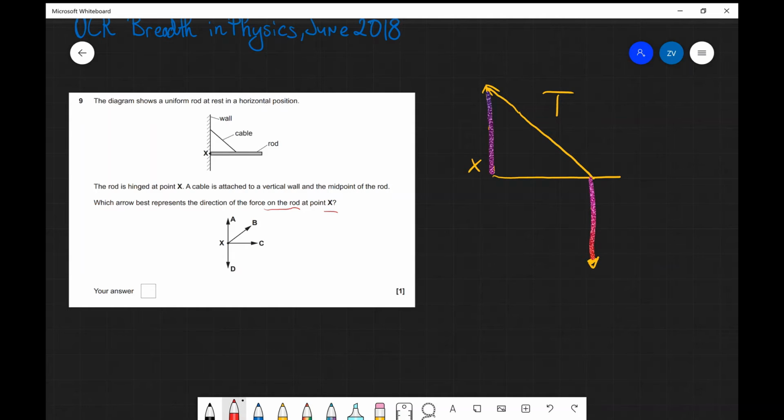Now the tension will also have one more component, which is going to be pushing the rod and applying a force onto the wall to the left. But remember, because of Newton's third law, the wall is going to push back on the rod in the opposite direction. So the only unbalanced force is going to be the horizontal force, and it will be the wall pushing on the rod with a direction to the right in this case. So the correct answer is C, which is purely to the right.